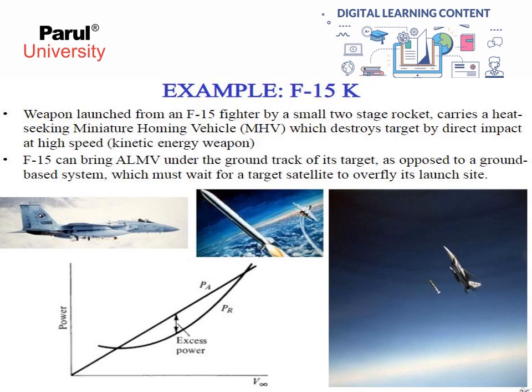The F-15 can bring the ALMW MHV under the ground track of its target, as opposed to a ground-based system, which must wait for a target satellite to overfly its launch sites.